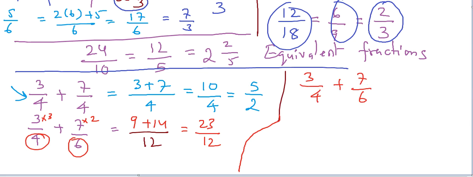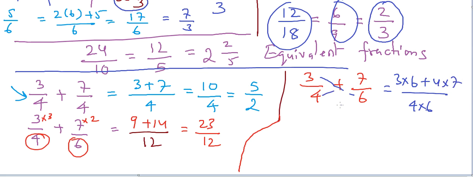That will be an easy way: you multiply the denominators 4 into 6, then 3 into 6, then 4 into 7.